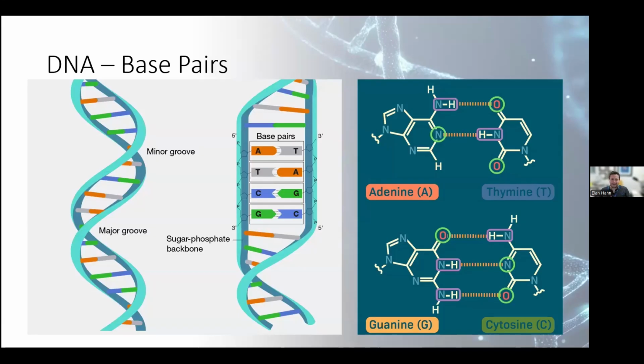The complementary base pairs are held together by hydrogen bonds, A and T with 2 and G and C with 3. Having a stronger bond between G and C is something to take note of, and we'll touch on it later in the talk. When you have varying degrees of G and C relative to A and T, it can make things a little more difficult.